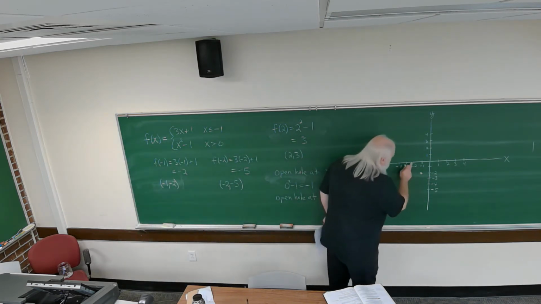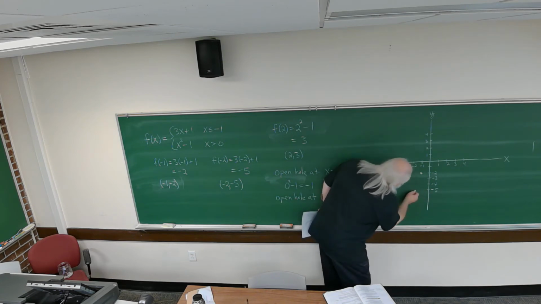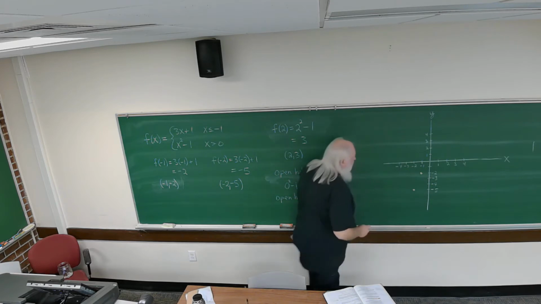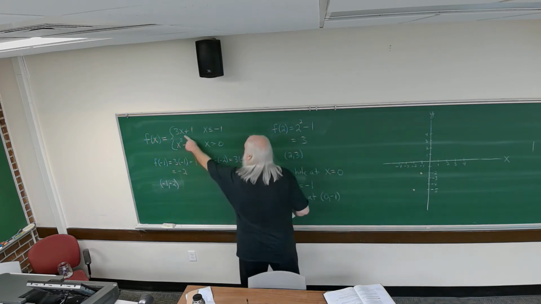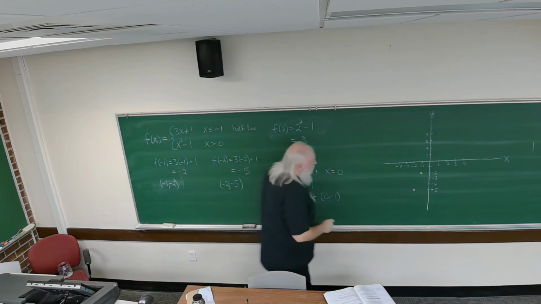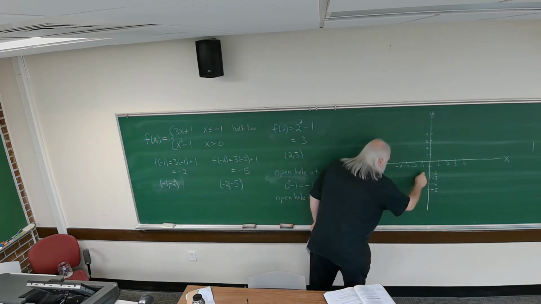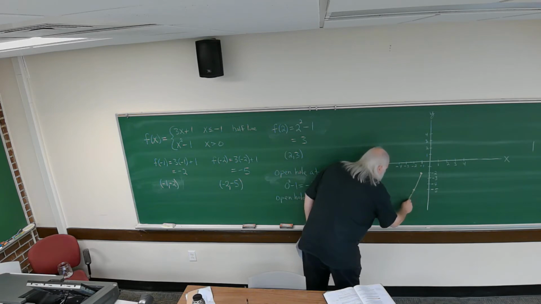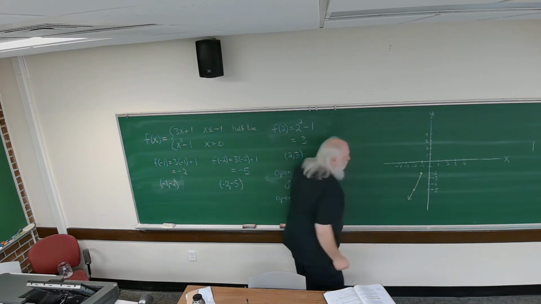So here's x equals -2. Here's y equals -5. And the graph of the function for x less than or equal to -1 is a half line. So it just goes starting here at -1, -2. It goes through that point at -2, -5, and down forever. Okay?